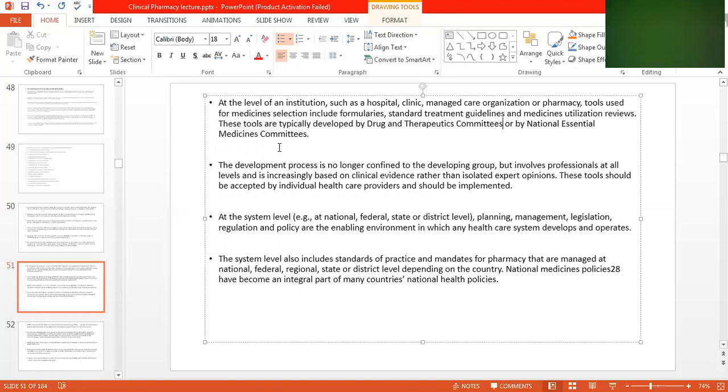The system level also includes standards of practice and mandate for pharmacy that are managed at a national, federal, regional, state or district level depending on the country.